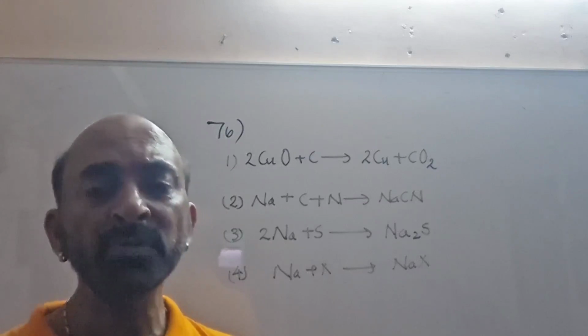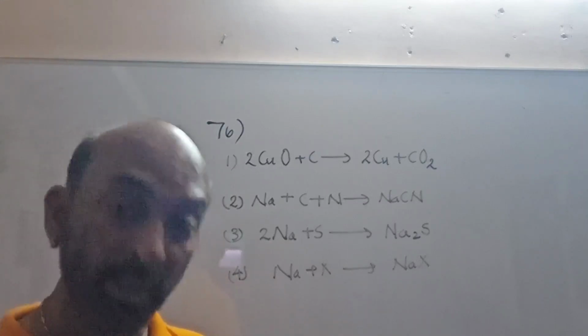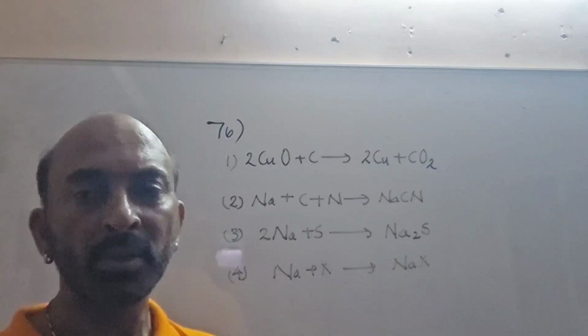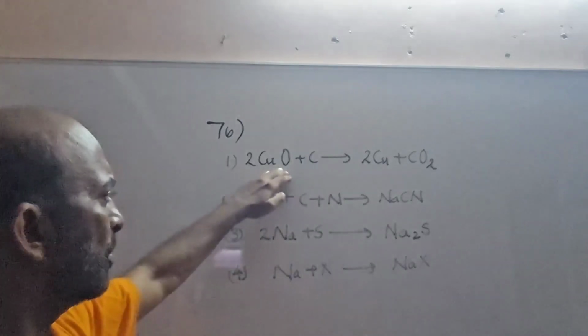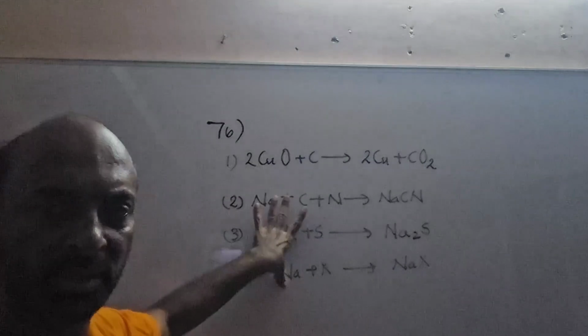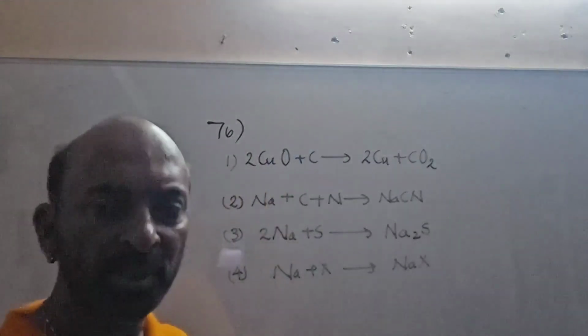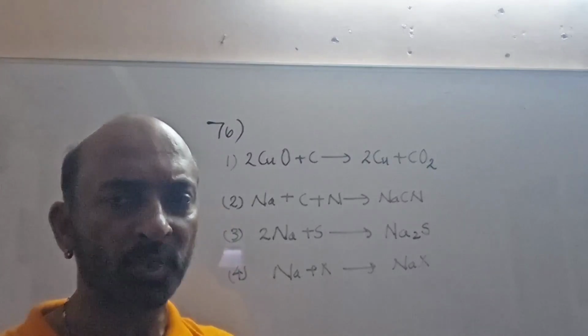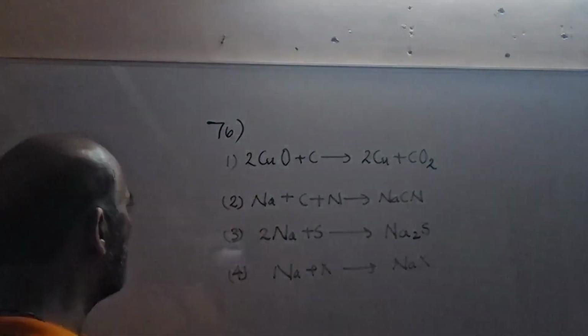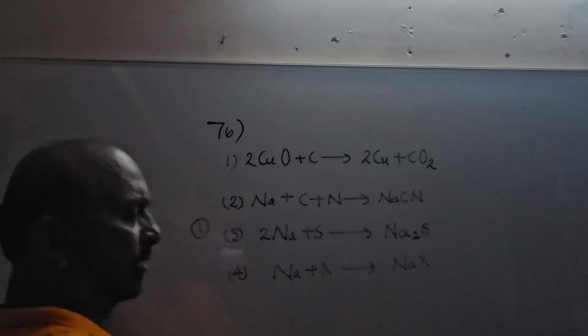If that happens, we are sure that the compound contains carbon. That does not belong to Lassaigne's test. So the question asks us to identify which test does not belong to Lassaigne's method. So the answer will be 1 for question number 76.